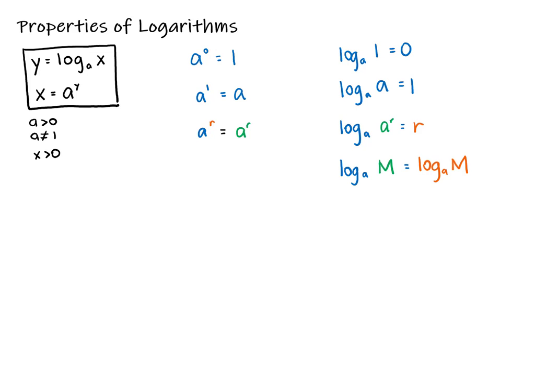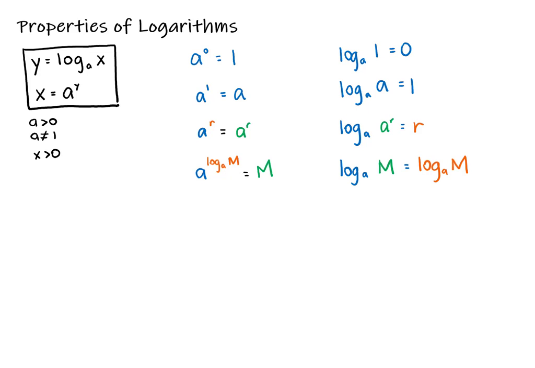Likewise, if I have a statement log base a of m is equal to log base a of m, that makes sense, but let's take this and rewrite it as an exponential statement. The base of my logarithm is a, so that's going to be the base of my exponent. The power is going to be log base a of m, and the argument is the answer.